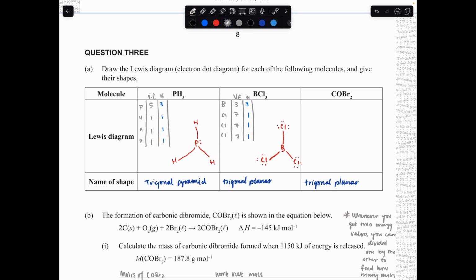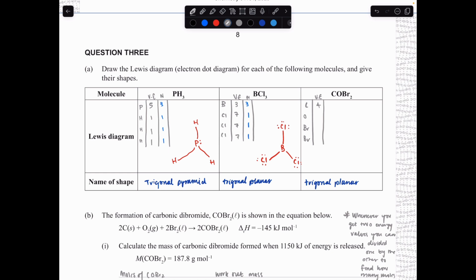Let's draw our beautiful table again. So we've got carbon, oxygen, and Br. I've got 2 of those. Okay, let's find out the valence electrons for each of them. So carbon is in group 14, which means that it has 4 valence electrons.